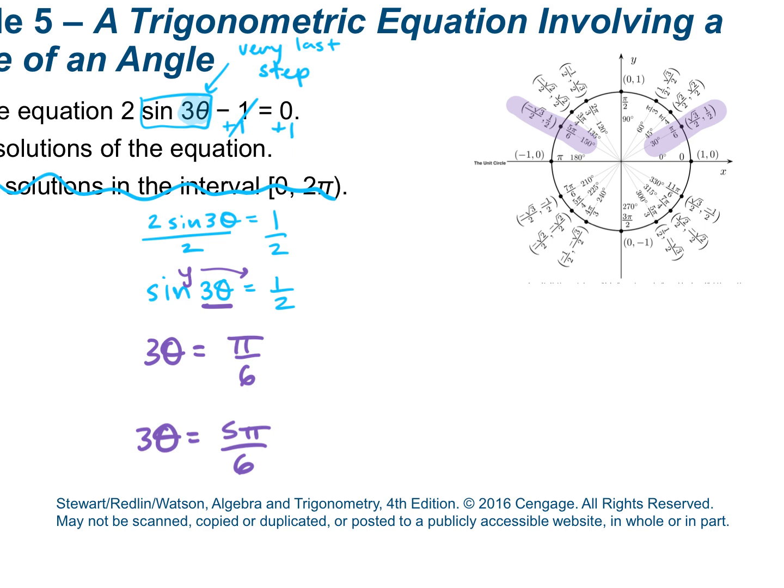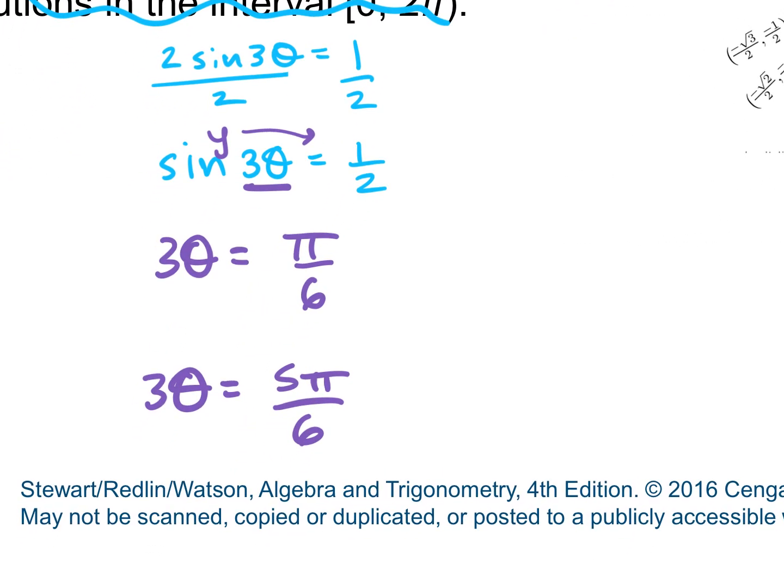Now when we have multiple angles, the very last step that we do is get theta all by itself. How would I get theta all by itself here, Lucas? What do we do? Divide by 3. So dividing by 3 is the same thing as multiplying by 1/3.